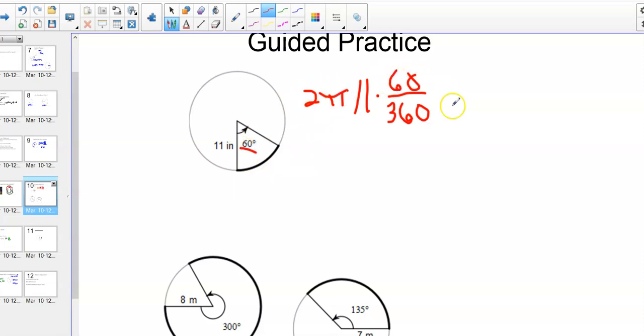So this is my equation. Go ahead and enter that in your calculator. So 2 pi 11, alpha y equals enter, 60 over 360. And that should give you 11.5 inches. And that's this length right here.